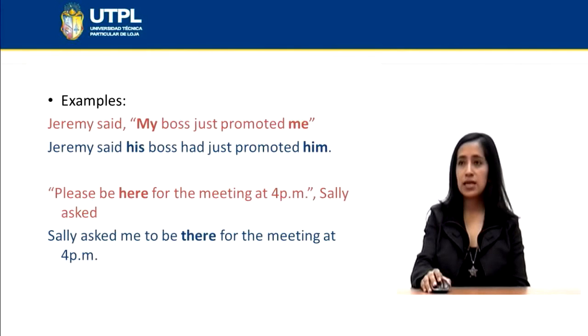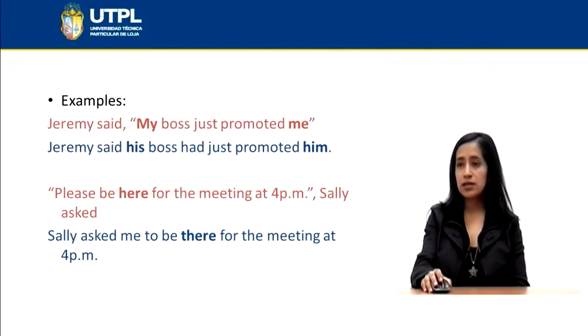Here we have some examples. The direct speech is Jeremy said, my boss just promoted me. In the indirect speech, we are going to have Jeremy said his boss had just promoted him. You can notice we are changing my to his and me to him because we're talking about Jeremy.